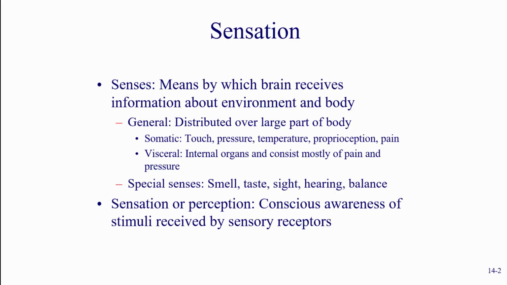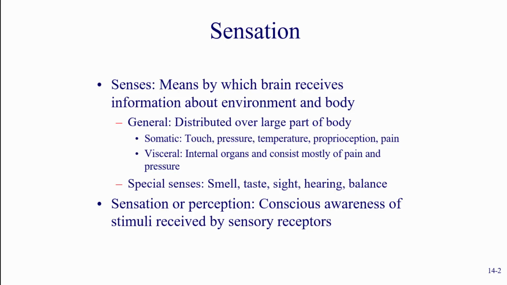General senses are distributed over a large part of the body, and they can be divided up into somatic and visceral. Soma means body, so somatic we have touch, pressure, temperature, proprioception, pain, and vibration. Visceral refers to internal organs and consists mostly of pain and pressure.